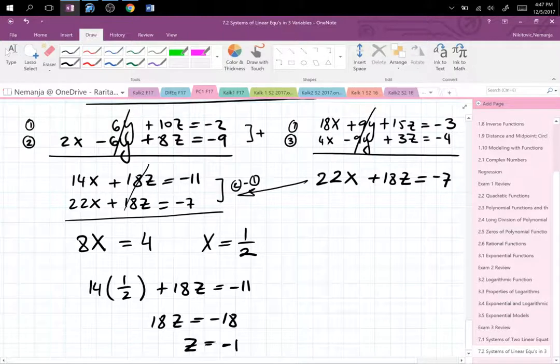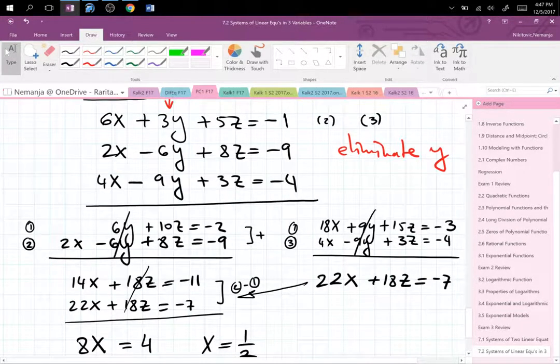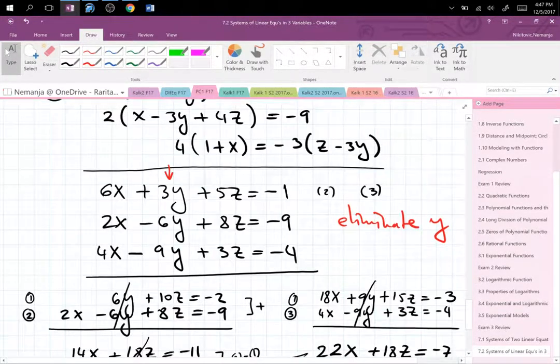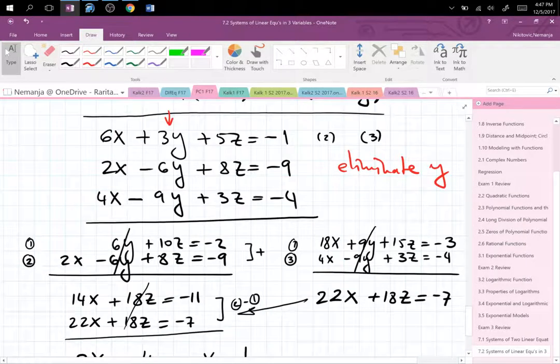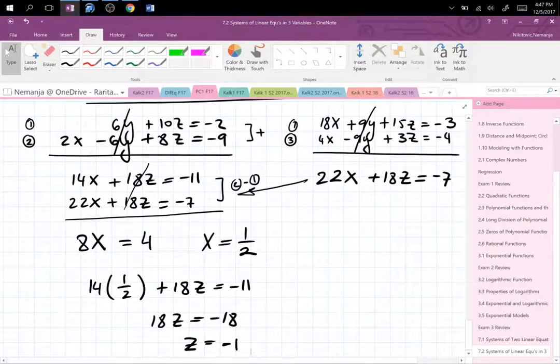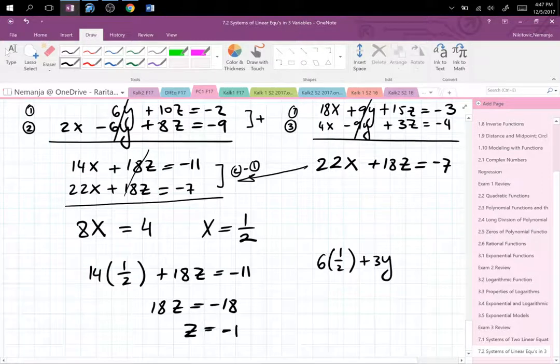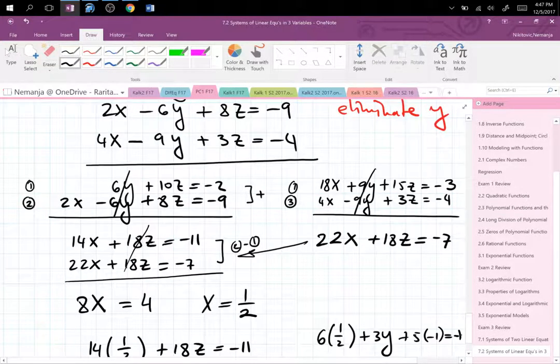For y, you can use any equation that you like. Let's use the first one. So 6x, so that's 6 times 1/2, plus 3y, and then plus 5z equals to what? -1.